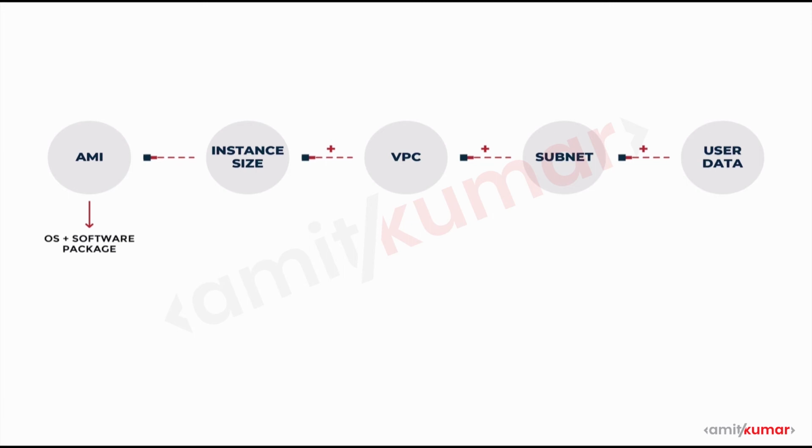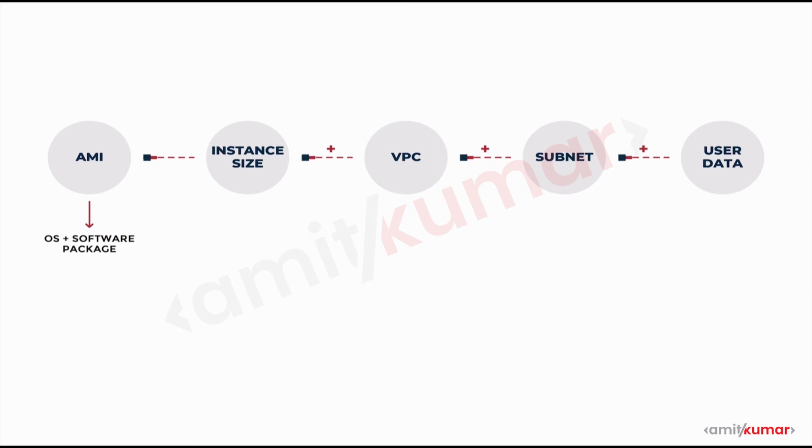Either you install Apache once this EC2 instance is made available to you, or while it is spinning up, you provide the commands to download and install Apache on this EC2 instance in the user data section, so that when this EC2 instance is up and running and is available to you, it already has Apache installed on it. So user data makes that possible for you.